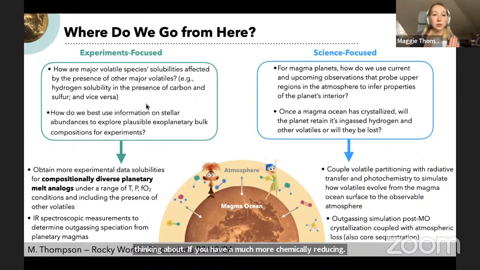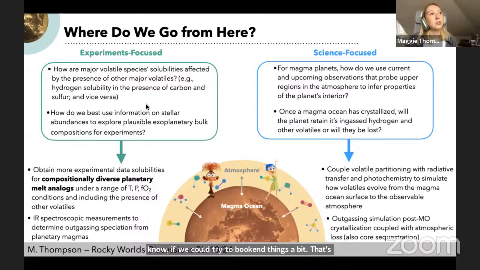This is really going all the way back to thinking about nebular condensation. If you have a system with a very carbon-rich host star, how does this influence which species should condense? I think looking at these extreme end members would be where I would be interested. If we could try to bookend things a bit, that's probably the best way to approach it.